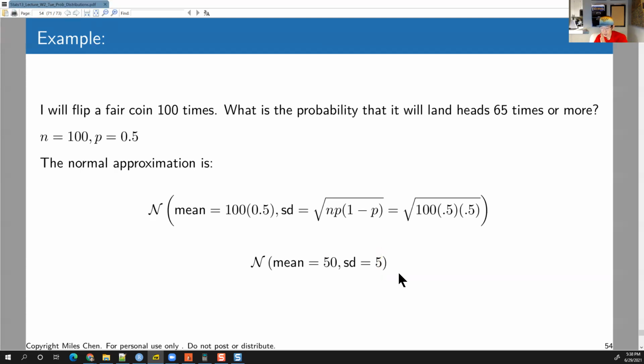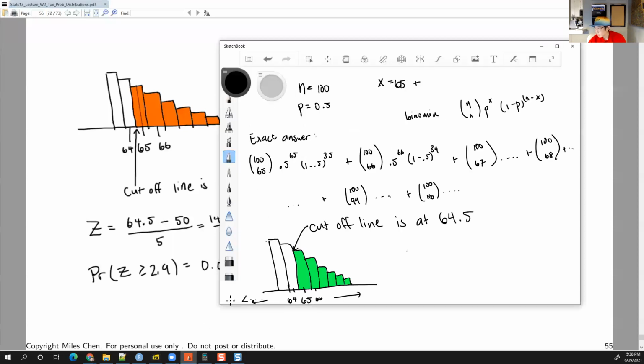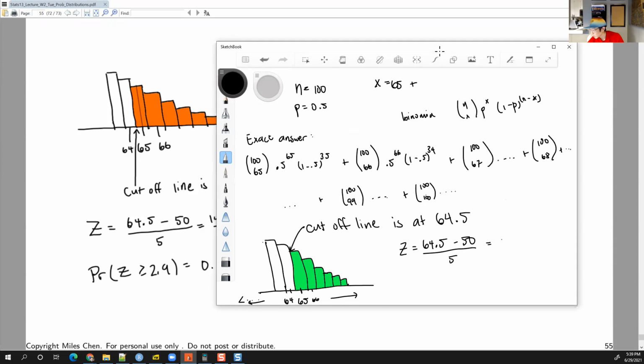And my cutoff value is going to be at 64.5. So I'm drawing the cutoff value at 64.5, and I would do a normal distribution problem here. I have z equal to 64.5, subtract off the mean of 50, divided by the standard deviation of 5. And what do I get? 2.9, a z-score of 2.9.